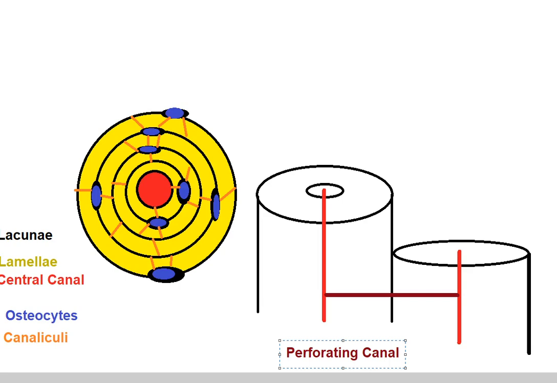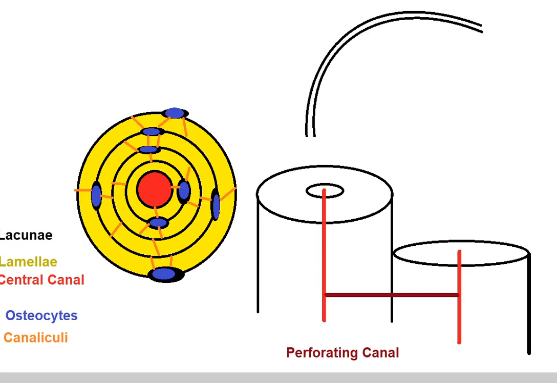So in regular old compact bone, you are going to have lots and lots of osteons kind of butting up against each other. And so you'll have one here. You might have one like right next to it here.